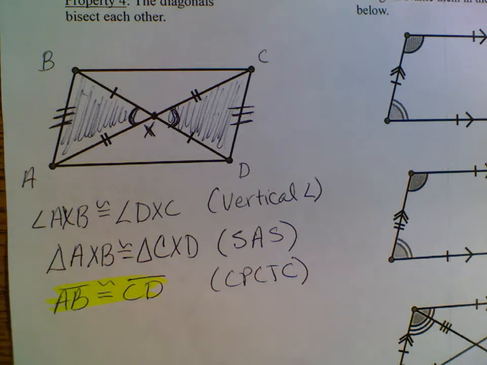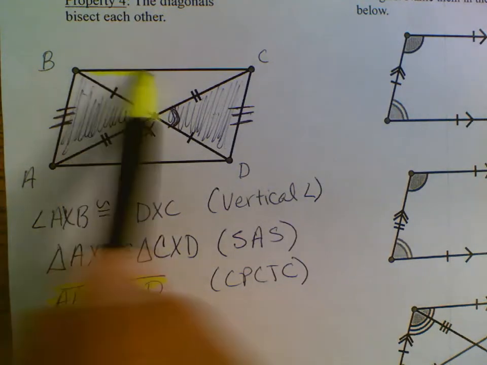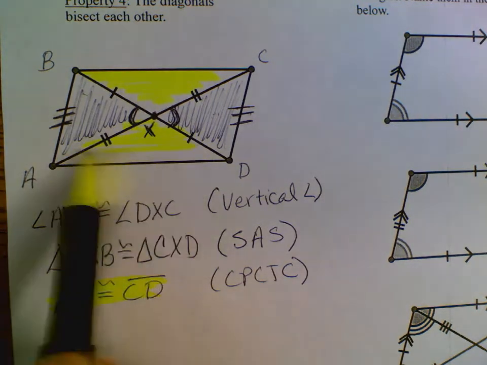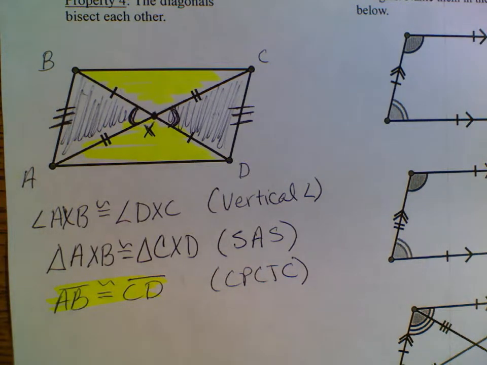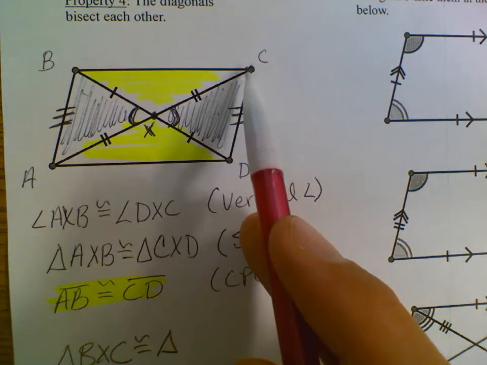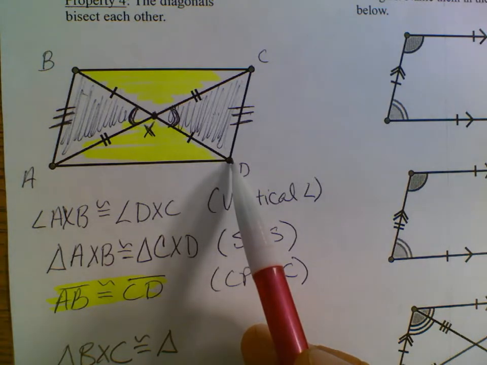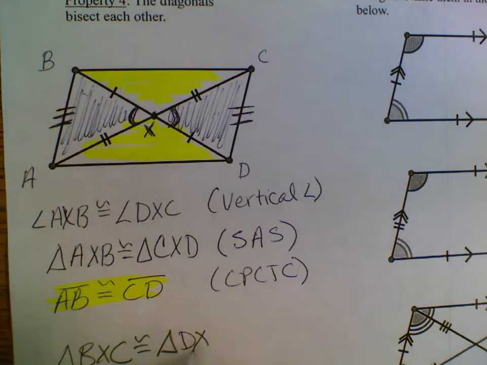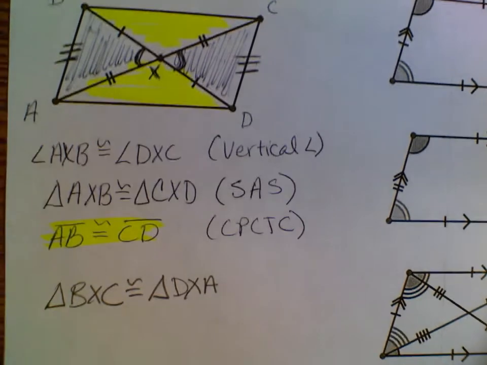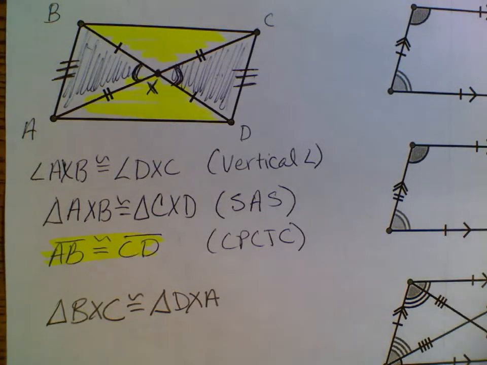I'd love it if we could do that one more time. Can we do that with this triangle and this triangle? All right, so how can we do that? Triangle BXC is congruent to what other triangle? Triangle DXA. By what theorem? Well, triangles can't be congruent because of vertical angles.